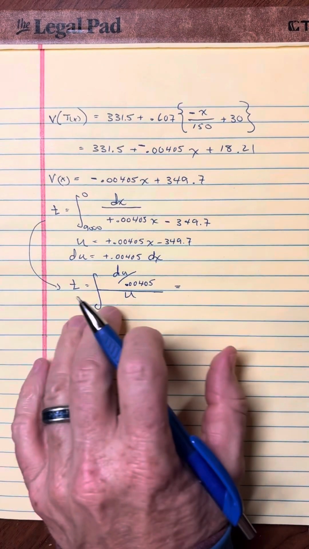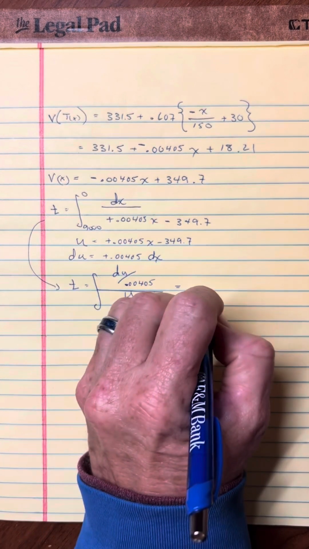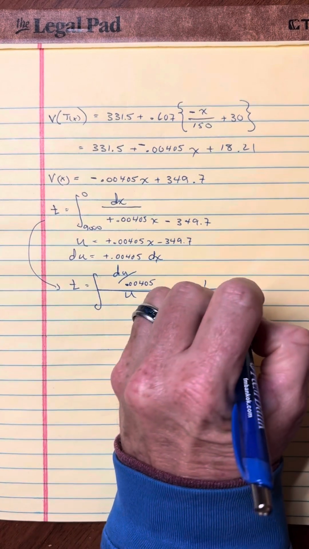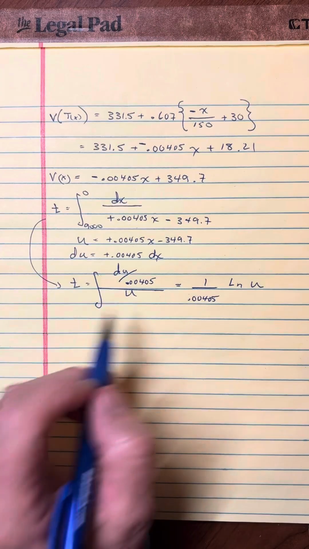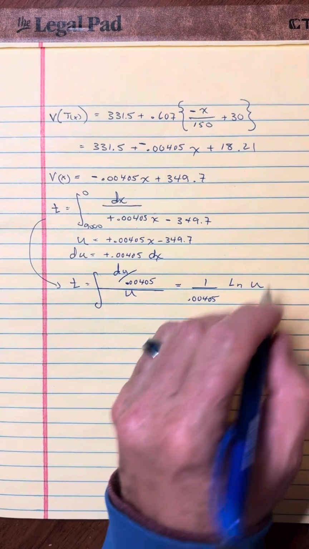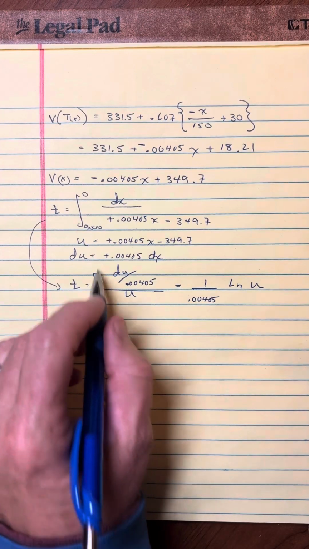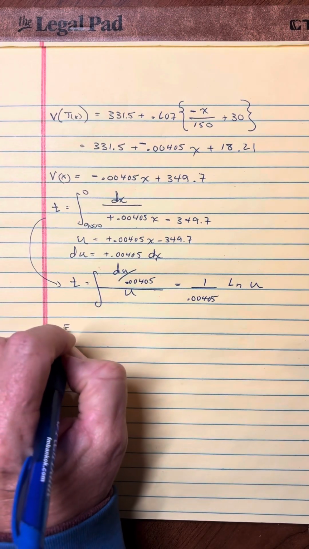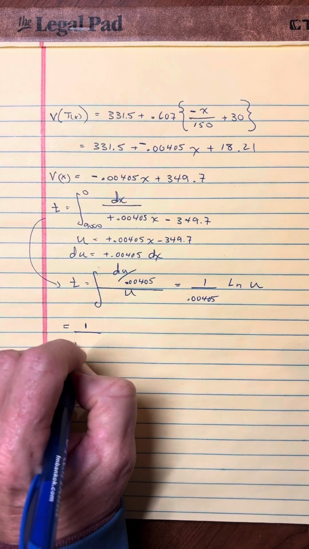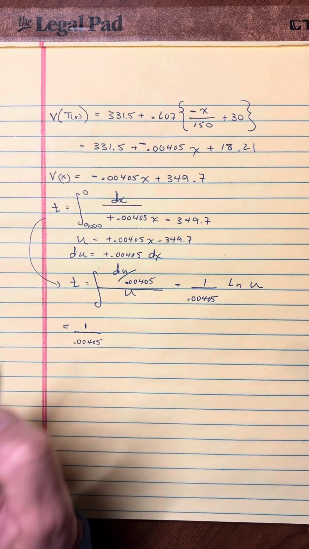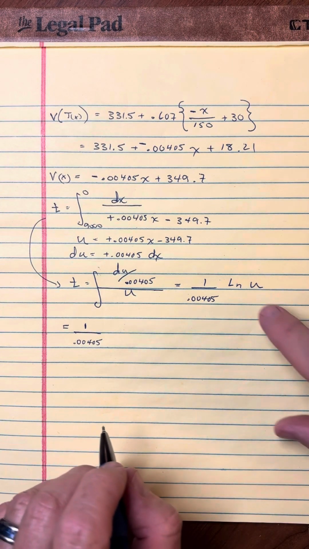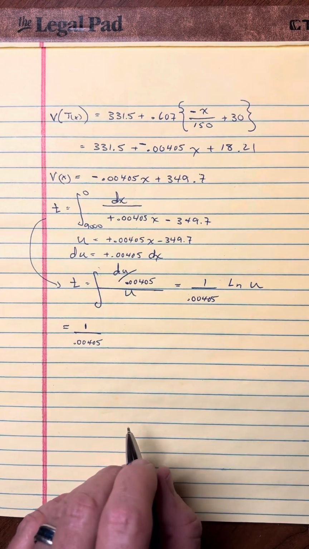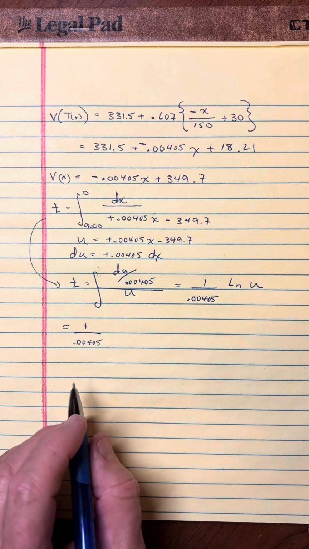And so this is going to come out to be, let's see, 1 over 0.00405 for that number. And then I have the natural log of u evaluated from the two endpoints. I didn't bother to figure out what the endpoints are in terms of u. I could, but I find it a little more useful, maybe not this time, but most of the time, instead of changing my values of my endpoints for x into values of u, to just change my u back to my x's here.